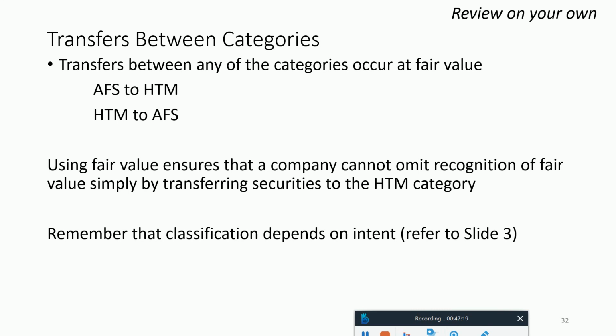But it's possible that their strategy, or what they're thinking, may change over time, and therefore it is possible to transfer between categories. So when we do need to transfer between categories, we do that at fair value, and that is to make sure that a company cannot omit the recognition of fair value simply by transferring securities to the held to maturity category.